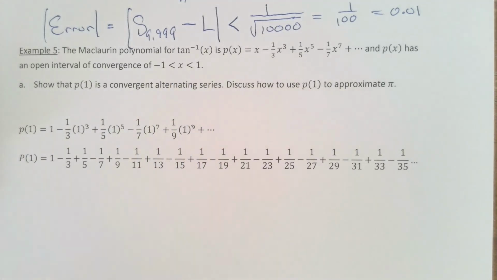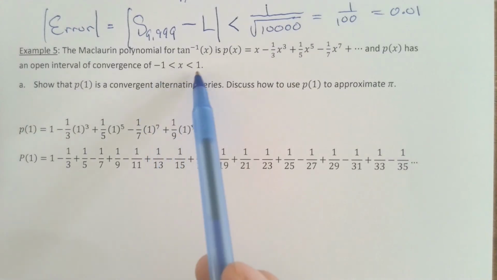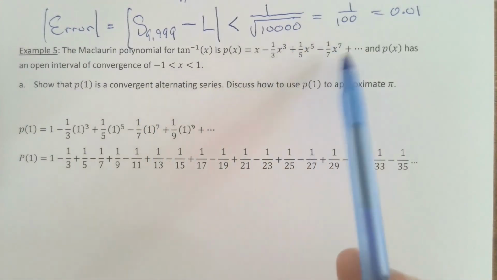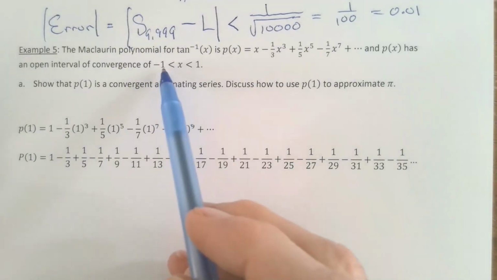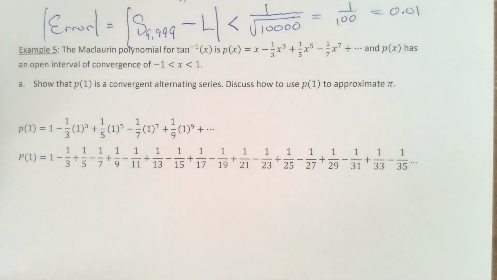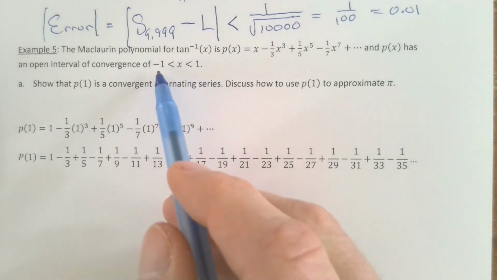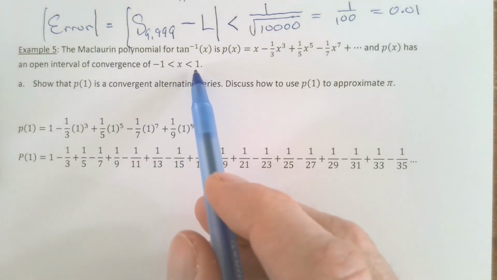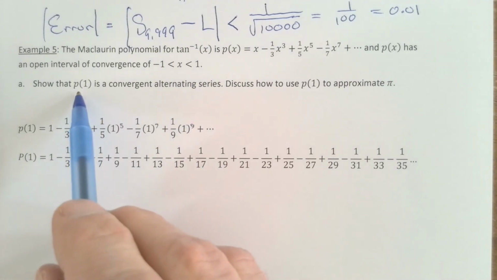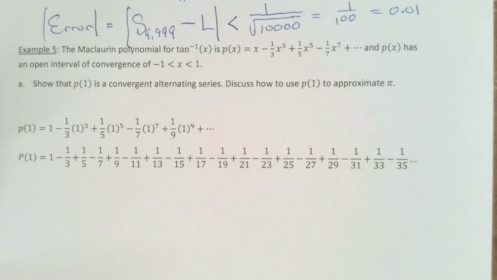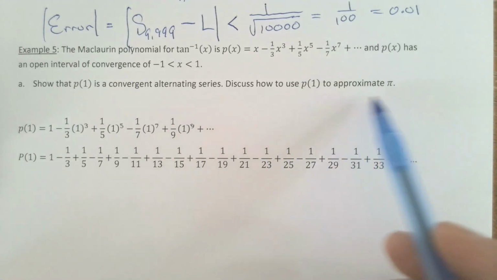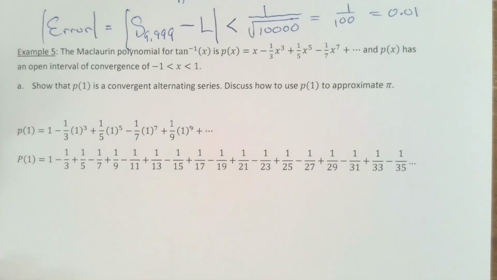But after establishing that any number strictly between -1 and 1 is okay to plug into this, and this will converge, we often want to ask, well, what about the actual endpoints? Can we bring those along too? And I can't remember. I think we can do both of these. But in this video, we're only going to look at that one. So we're going to show that plugging 1 into this is a convergent alternating series. And then we're going to discuss something about using this to compute pi.